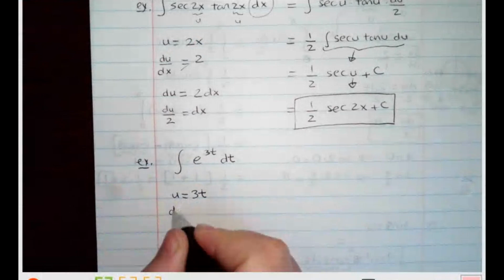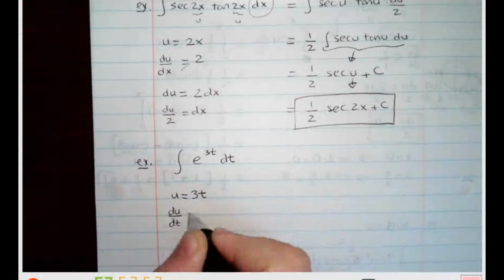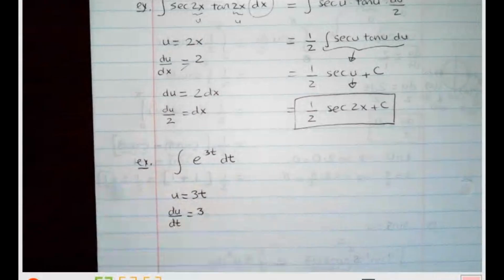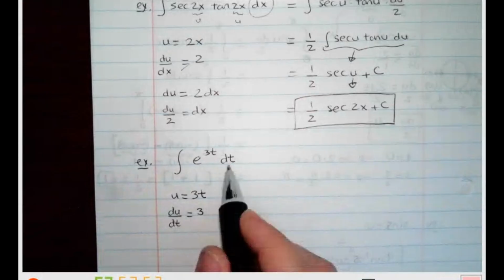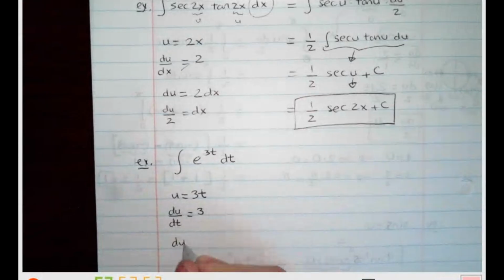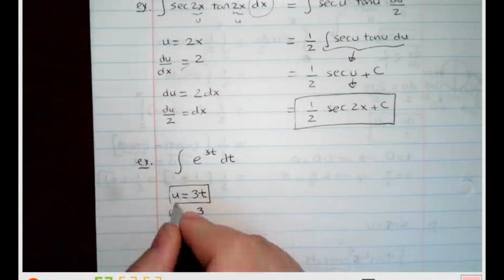Then du over dt would be 3. So du equals 3 dt and du over 3 equals dt. So we will just make this substitution.